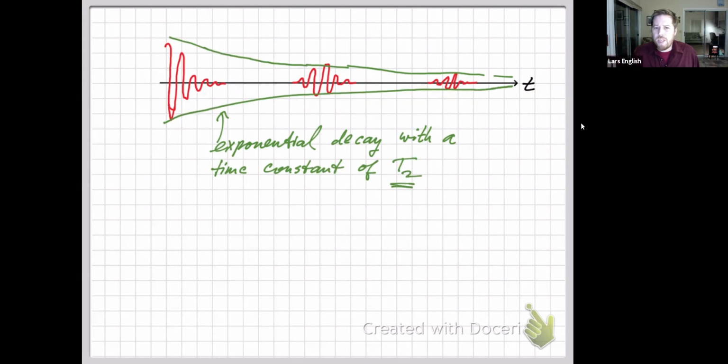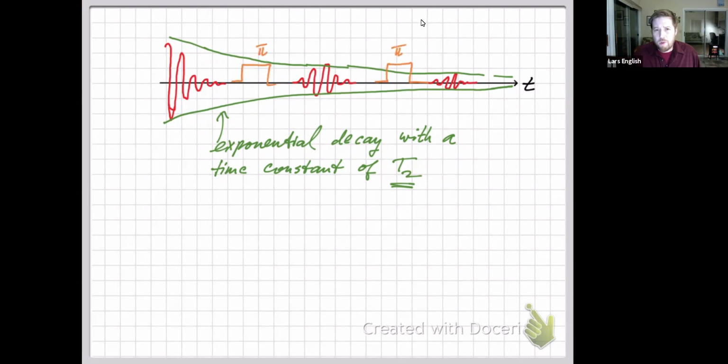And so we see here, we get another type of decay, and it has its own time constant associated with it. We call that time constant T2. So that's the time it would take for the strength or the height of that echo to diminish by a factor of e.